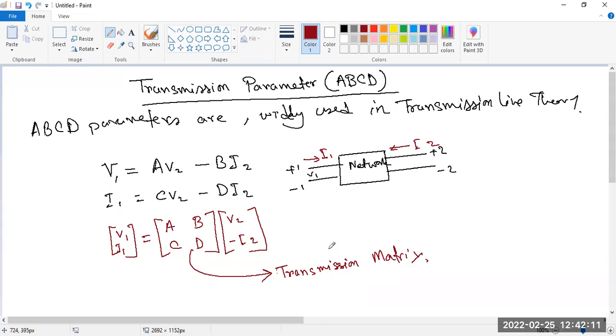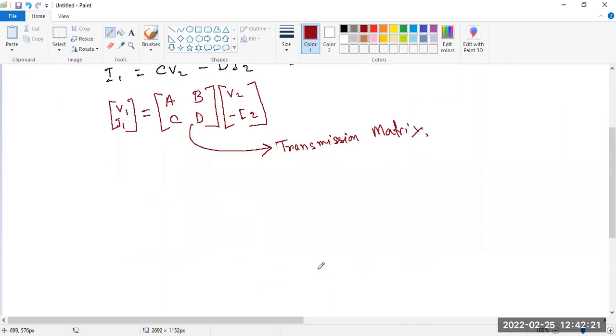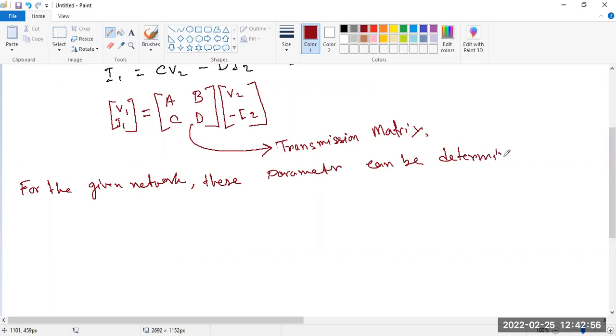Okay. And so for the given network, this ABCD parameter can be determined as below.